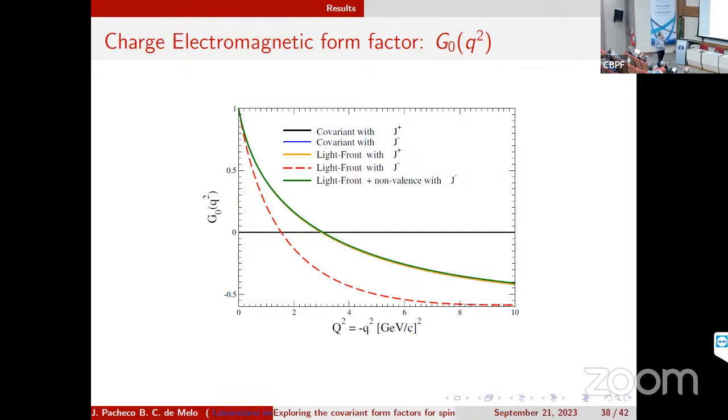Custer, Polizu, Bosca, Hiller, Federico, Frankfurt, Strikman, no matter which prescription I use, no broken symmetry. But if I use light front coordinates, light front conjugation, then I have the broken symmetry. You see with G minus in red, completely different. After adding, you have light front plus non-valence. Then it's impossible to distinguish, okay?